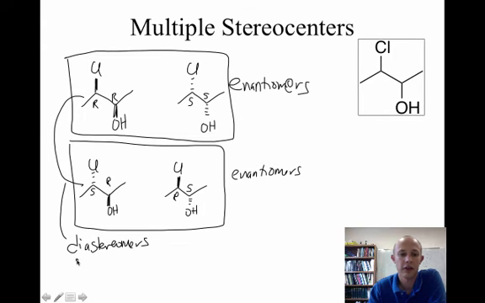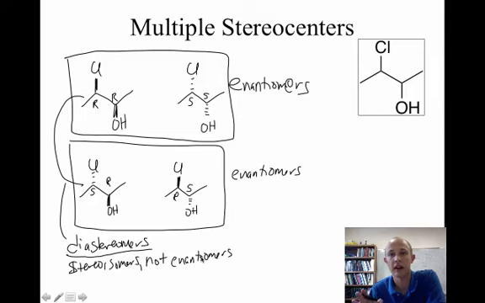And the definition is essentially going to be stereoisomers that are not enantiomers. I like to think of diastereomers as the trash can of stereoisomers. If you're not enantiomers, everything else will be diastereomers.